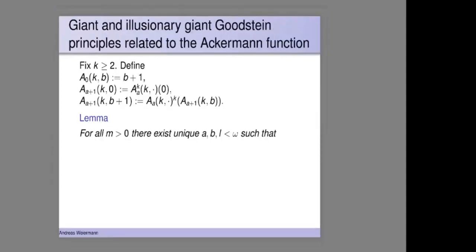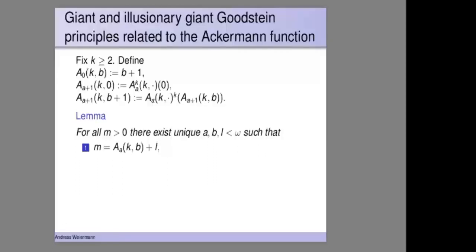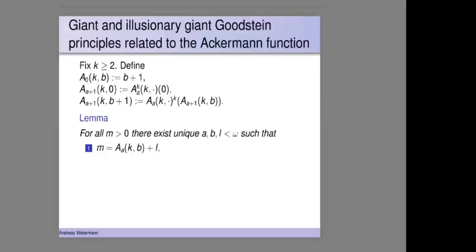Anyway, with this function, for every m bigger than 0, I will define a normal form. There will exist unique numbers a, b, l such that m can be written in the form A_a(k, b) plus l. Now I have to define how to make a, b, and l unique.